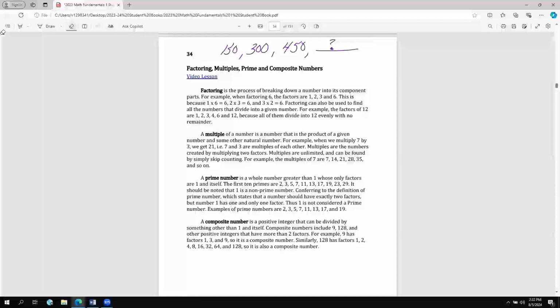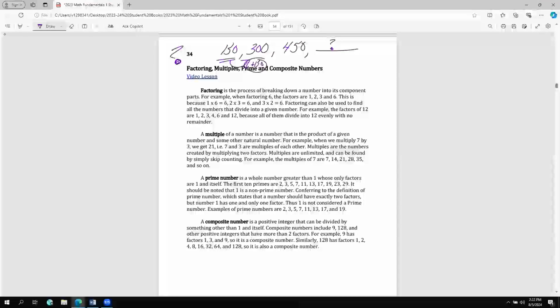So looking at the first and second number, I have the number 150. That's where I start. Then it goes to 300. My job immediately is to say, how much did I add to 150 to become 300? Wait a minute, 150 plus, hey, is that another 150? Yeah, 150 plus 150 is 300. And that's what they usually call the rule.